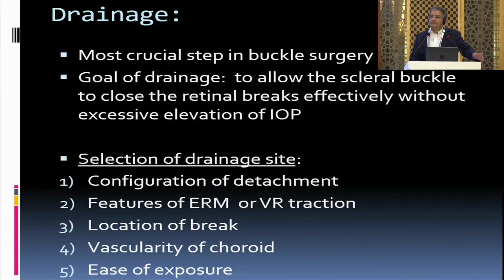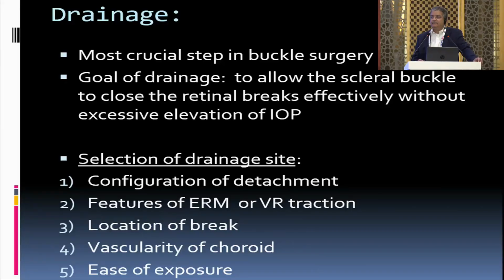The most important step in a buckle surgery then becomes the drainage. And the dictum is most surgeons drain most of the detachments most of the time. Though I know this is one of the steps most fraught with complications. The drainage is done under the scleral bed because you would ideally want, even if there were a complication of a retinal incarceration or a vitreous loss, it would still be supported by the buckle.